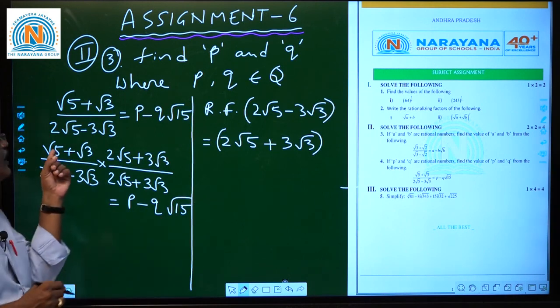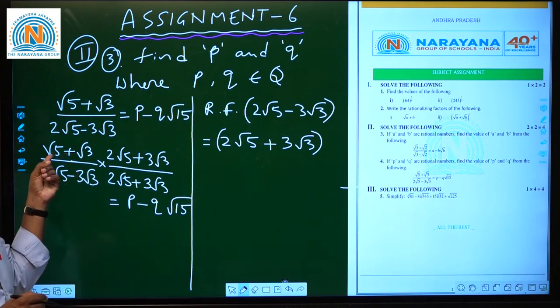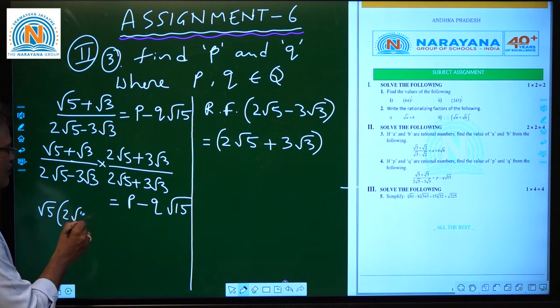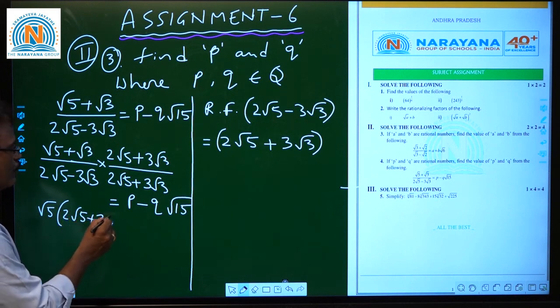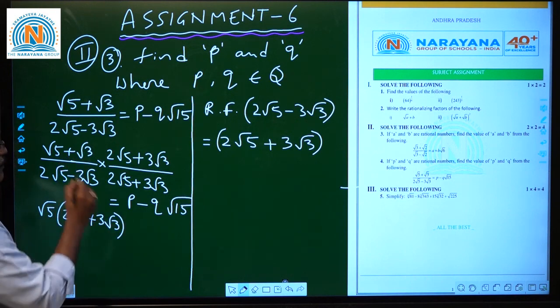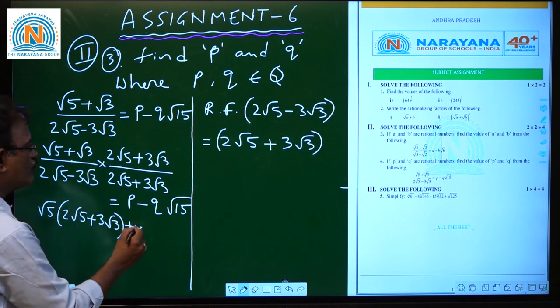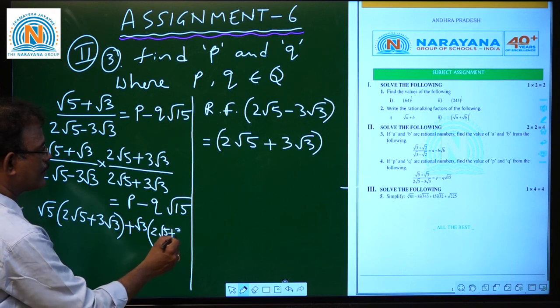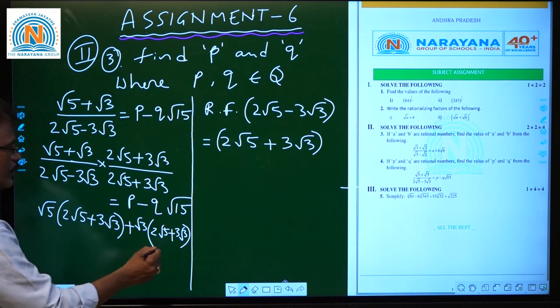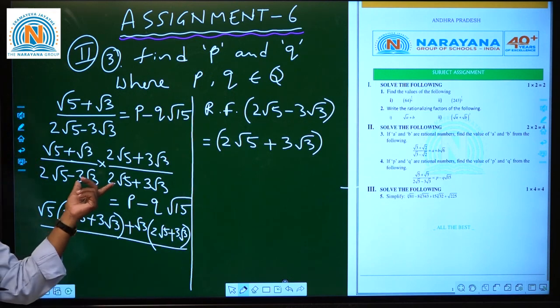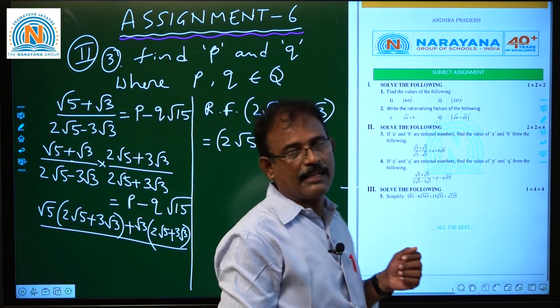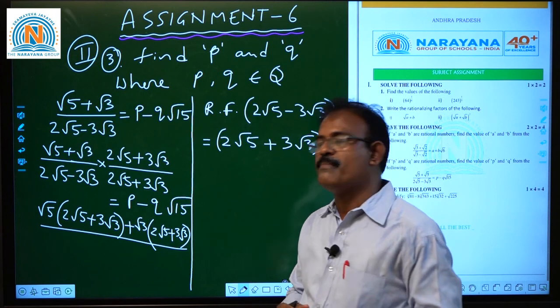Now, when you multiply this, first term √5 into (2√5 + 3√3), plus second term √3 into (2√5 + 3√3), by, of course, the denominator, we know very well, children, it is in the form of (a + b) into (a − b), that gives a² − b².